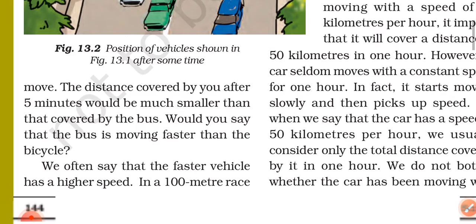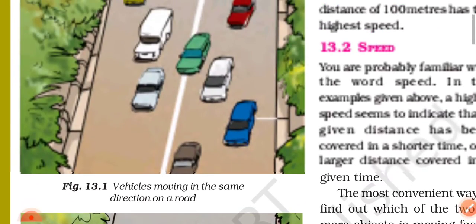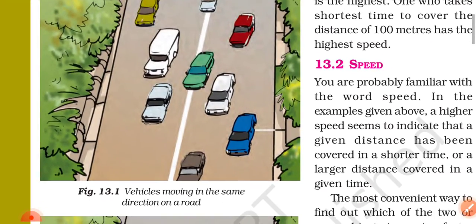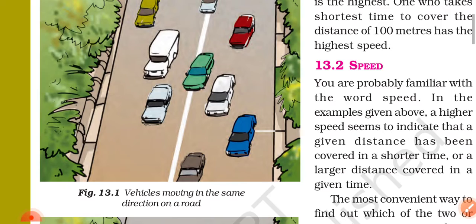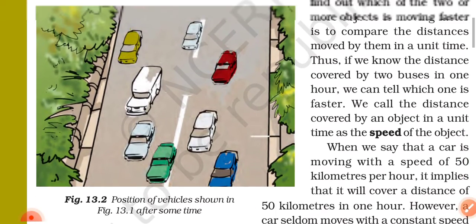The distance covered by you after 5 minutes would be much smaller than that covered by the bus. Would you say that the bus is moving faster than the bicycle? In Figure 13.1, you can see the vehicles moving in the same direction on a road. Figure 13.2 shows the position of the vehicles shown in Figure 13.1 after some time.